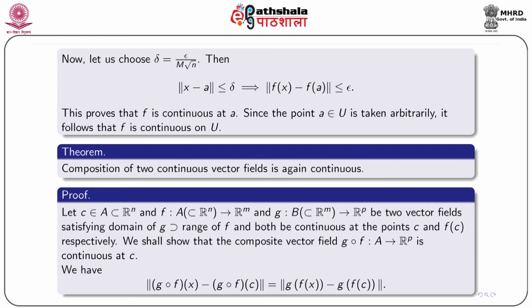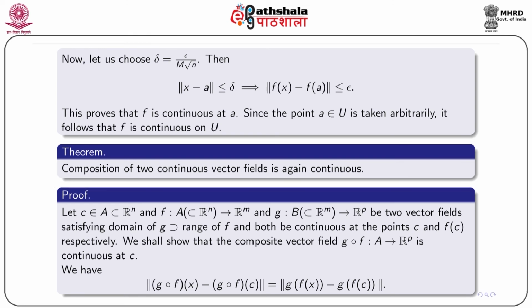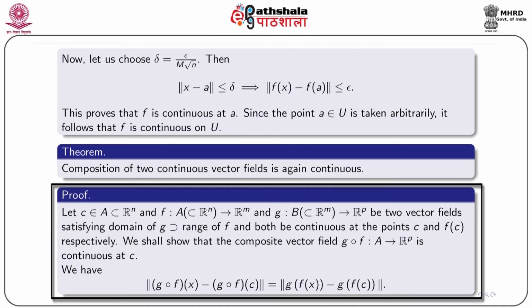Next result. Composition of two continuous vector fields is again continuous. We give the proof. Let c be a point in a set A where A is a subset of R^n, and F is a vector field from A to R^m and G is a vector field from B to R^p, such that the domain of G contains the range of F. Moreover, F and G are continuous at the points c and F(c) respectively.